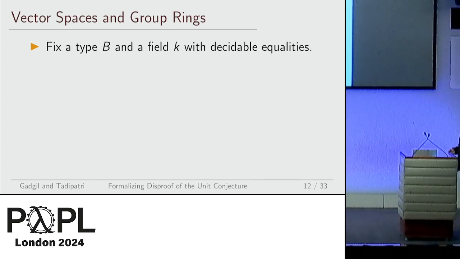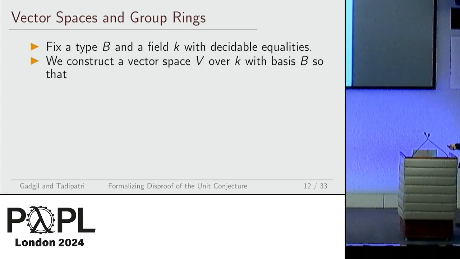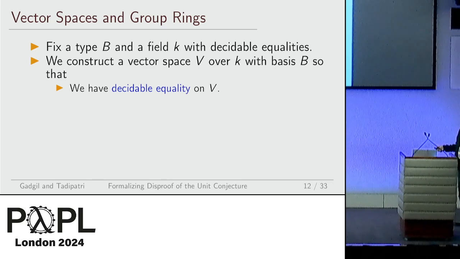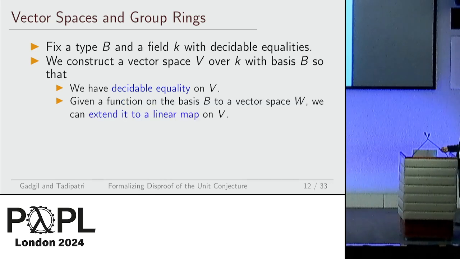Okay, so now some more mathematical background. Fix a type B for basis. Okay, so we have to construct vector spaces. I'm going to talk about the background and formalization together. We have to construct a vector space over K with basis B so that we can decide equality on V. That is, the decision problem is solvable, and the basic property of vector bases in linear algebra holds true.